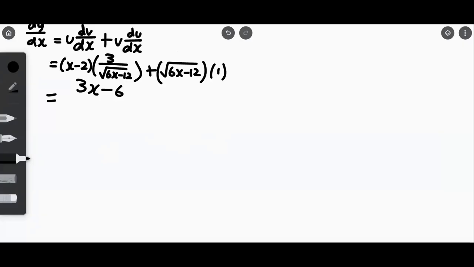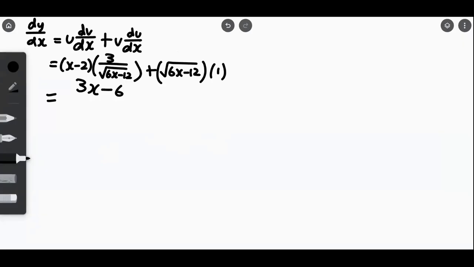So it will be, of course, 3x minus 6, because you times x minus 2 by 3. And then you put it over the whole thing with the root 6x minus 12 plus root 6x minus 12.